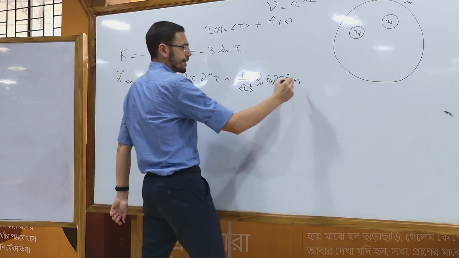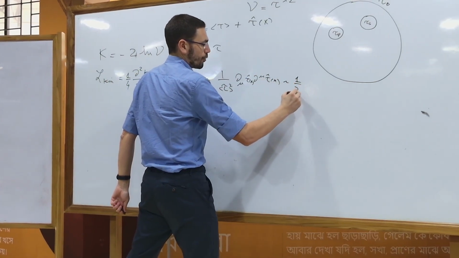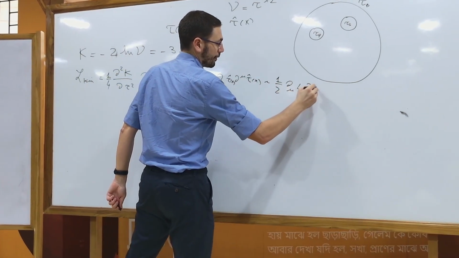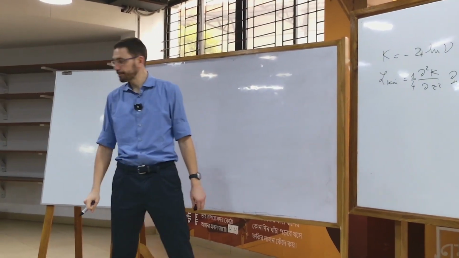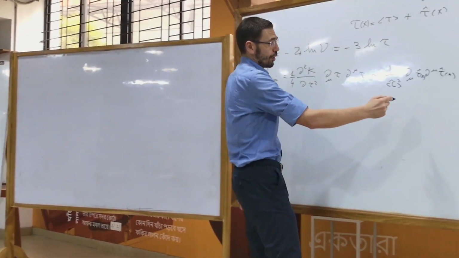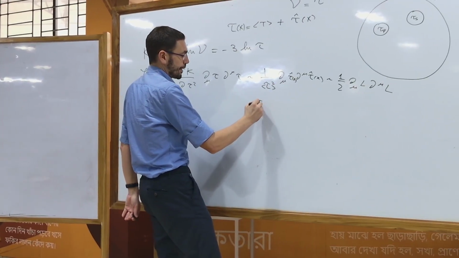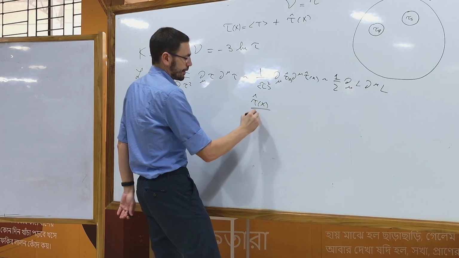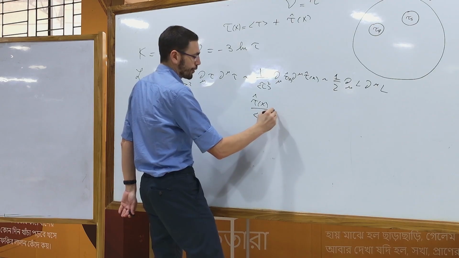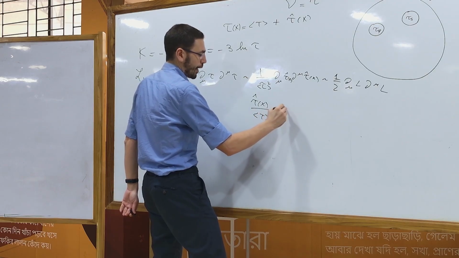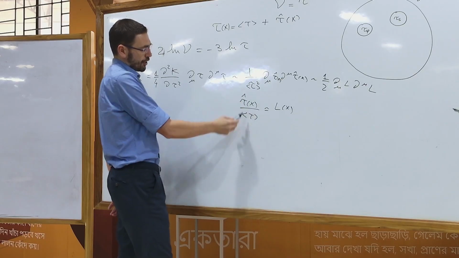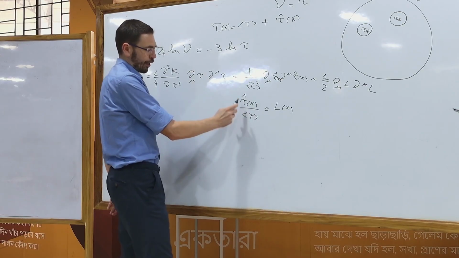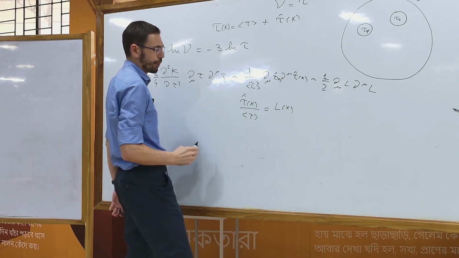And then I want to write this down as 1/2 d mu L, the standard kinetic terms. That's easy. So that tells you that tau hat divided by the vacuum expectation value of tau goes like L of x. And these are all dimensionless, because now it's important to plug back units of Planck.